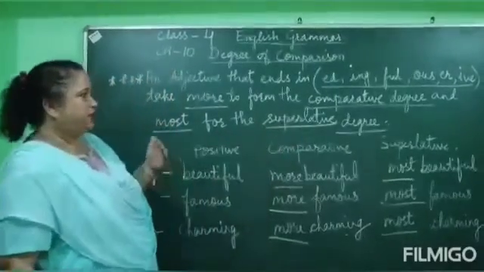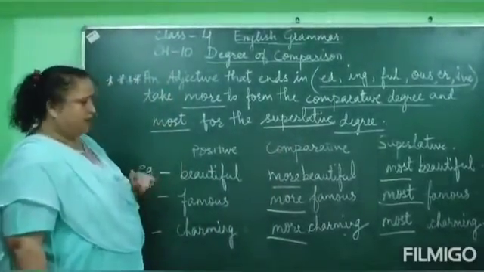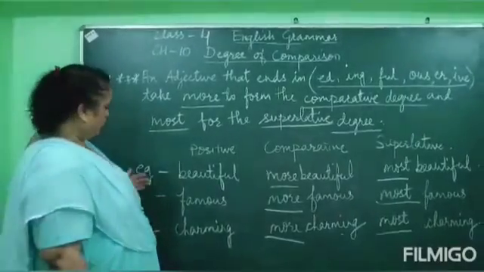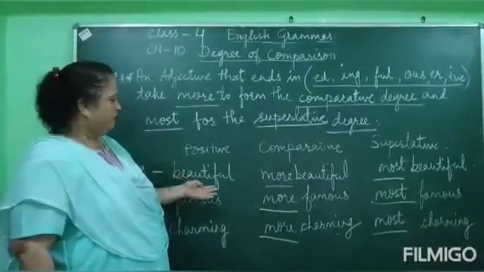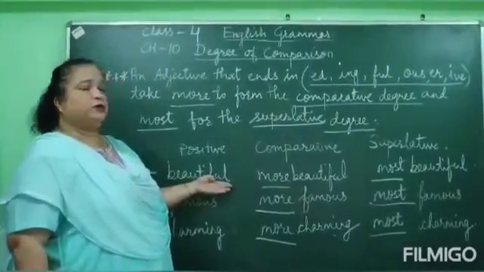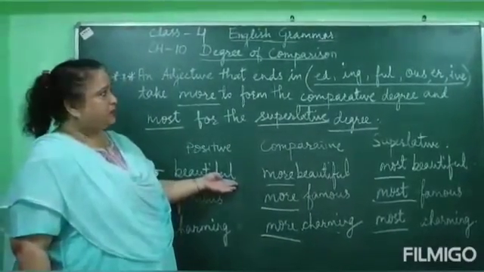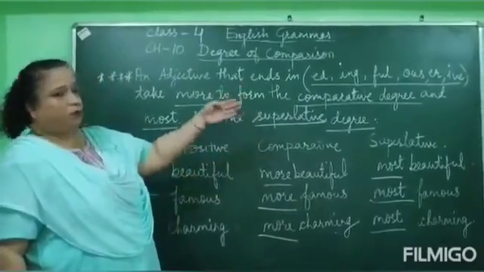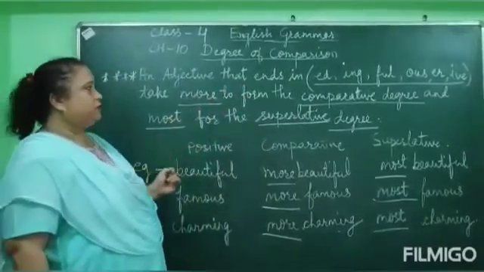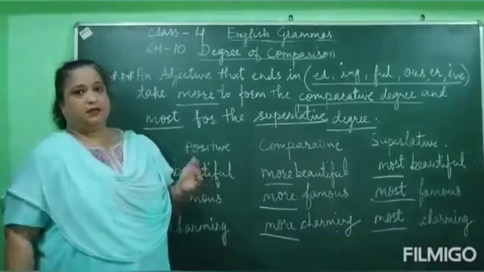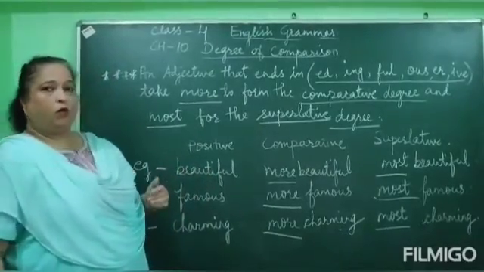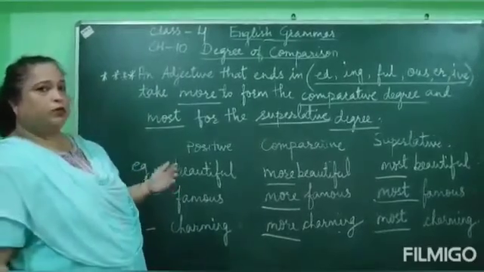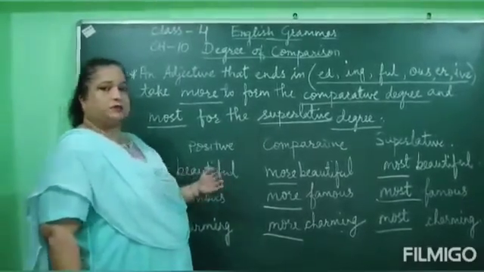So let me explain this by showing you some examples that I have written. The first one is beautiful. This is the positive form of the adjective. It ends with ful. So I had earlier discussed that words or adjectives that end with ed, ing, ful, ous, er or ive, we follow these certain rules.